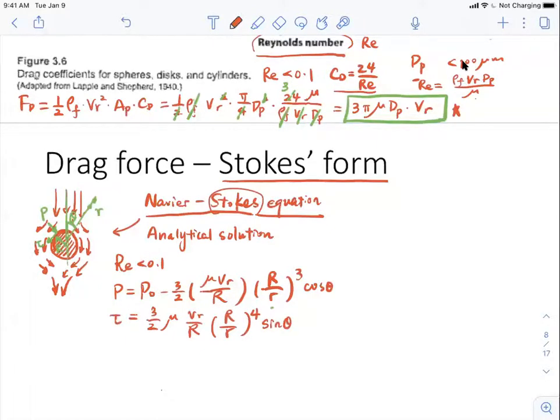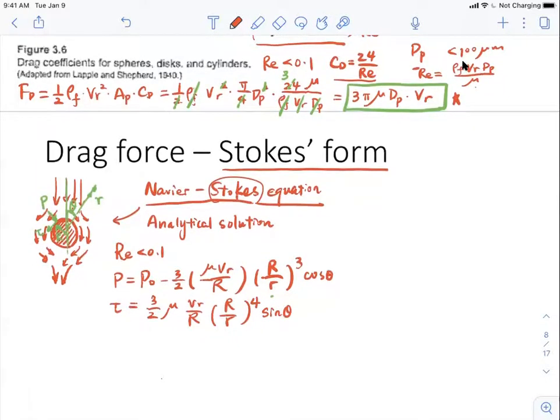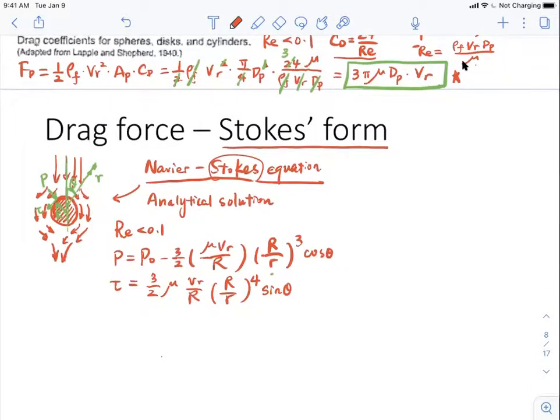Again, you don't have to memorize these equations. You can just copy them down and then do some integration to find the drag force. So this is the tangential force. With these two different forces, we can calculate the total force acting on the particle. The total force on the particle is just the integral of P plus tau along the entire surface of the sphere.